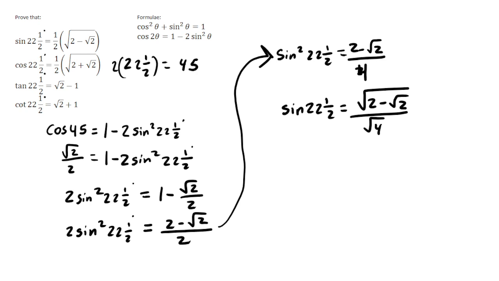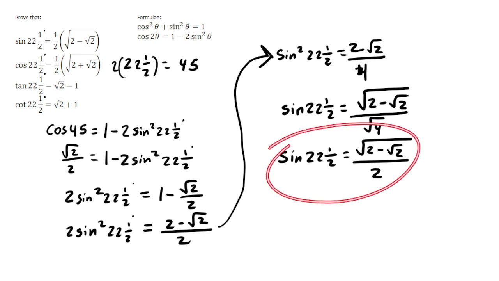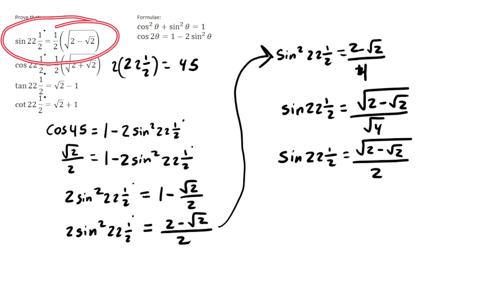And we can simplify that into sine 22.5 degrees is equal to square root 2 minus root 2 over 2. And thus we've proved this to be true.